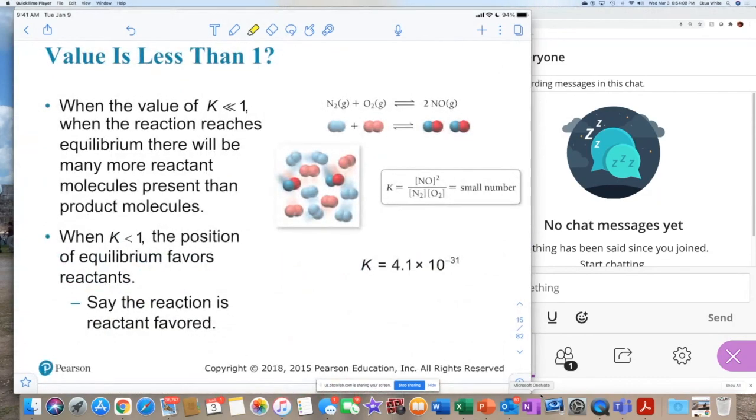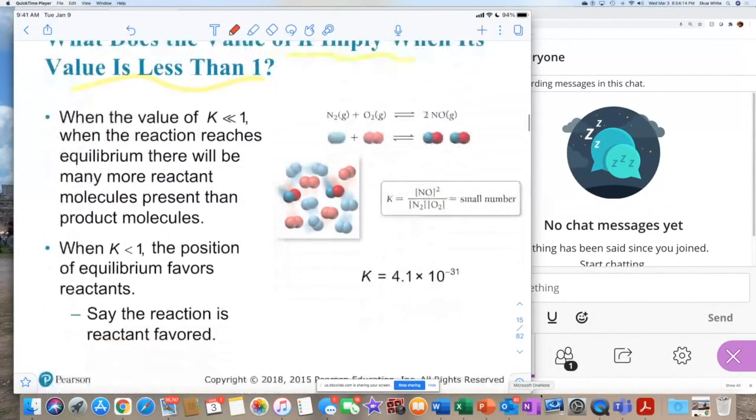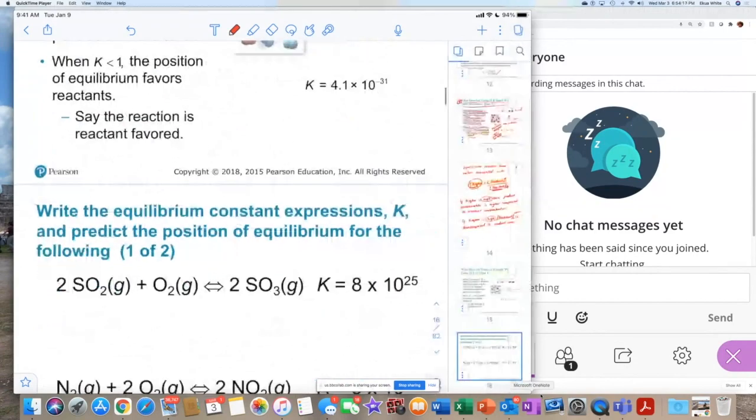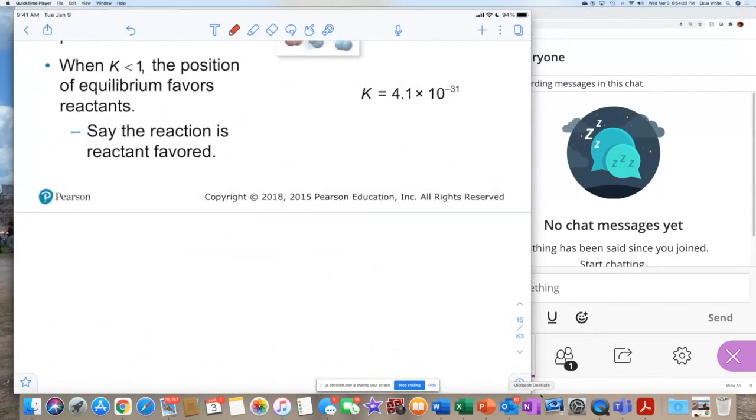This is now the opposite. So here, if the value of K is less than 1, what does this imply? Pretty much the opposite to what we said. So how is this the opposite? Let's look at K equilibrium, right? I'm going to shorten this even more: product over reactant.